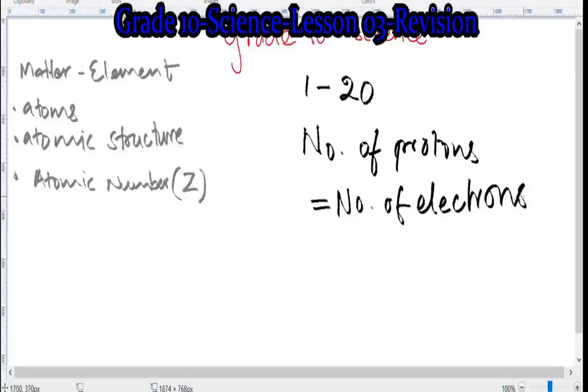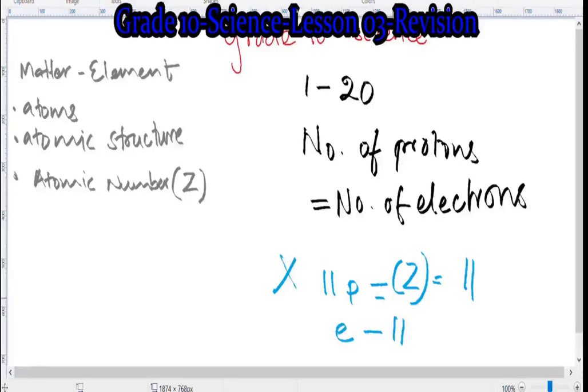Okay, so let's say if an element X has 11 protons, then its atomic number is also 11, and its number of electrons is also 11.